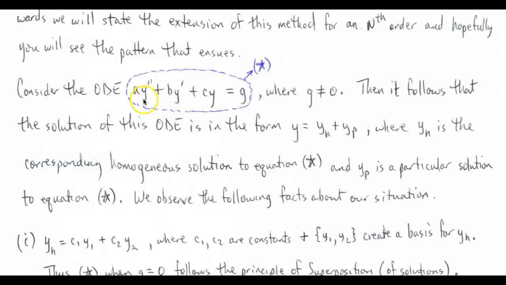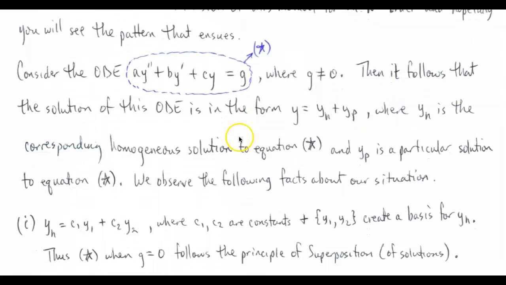So we want to consider this second order linear non-homogeneous equation. Because we're assuming that our g here is a function that's not equal to 0, it follows that the solution of this ODE should be of this form.